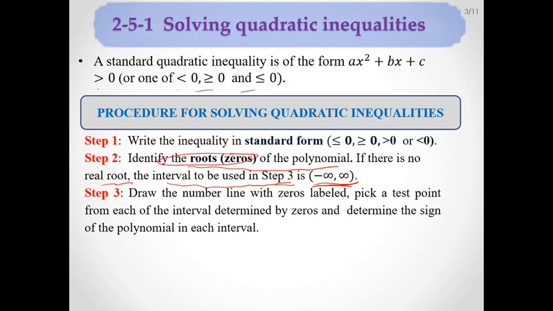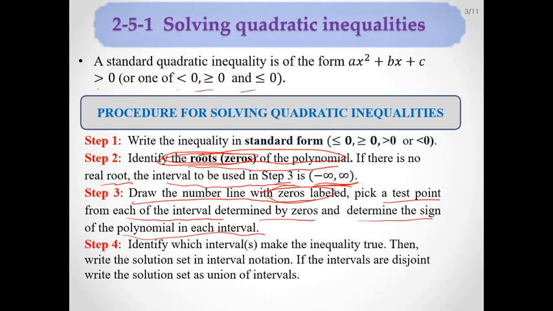After finding the roots, you draw the number line with the roots labeled, pick a test point for each interval determined by the zeros, determine the sign of the polynomial in each interval, and then identify which intervals make the inequality true. We will go over the steps in the examples. You will learn this in detail.